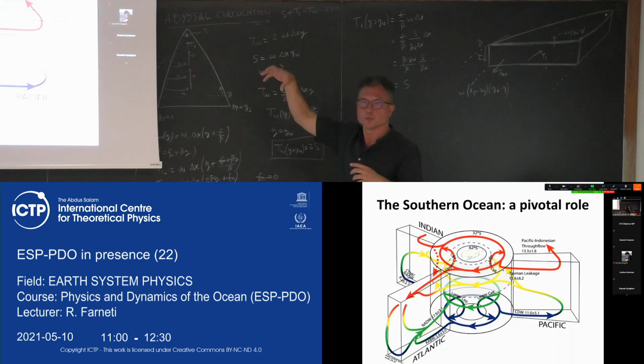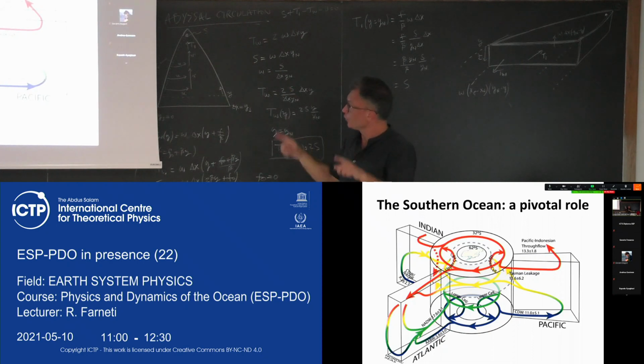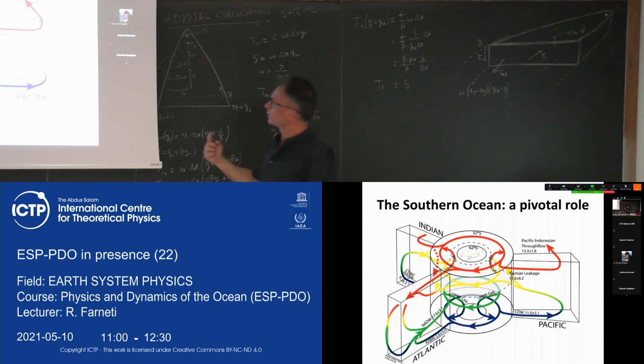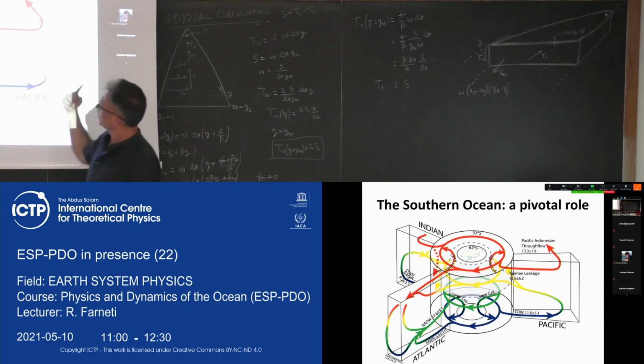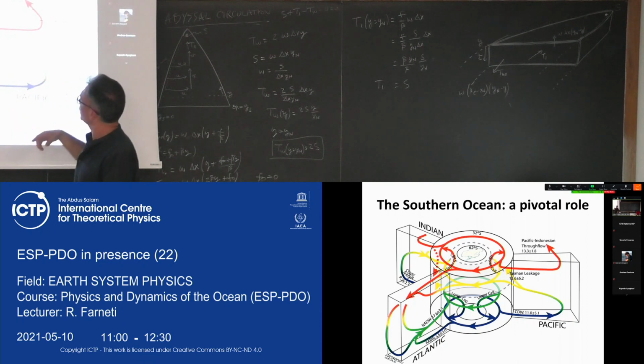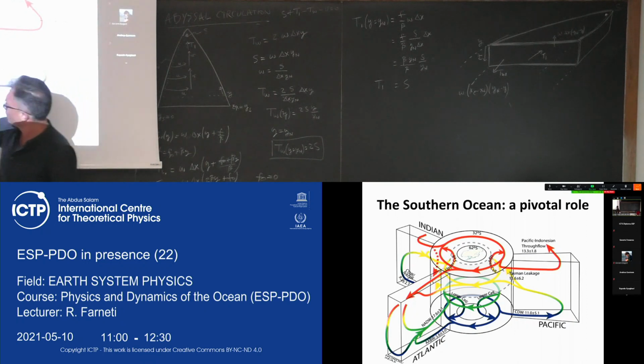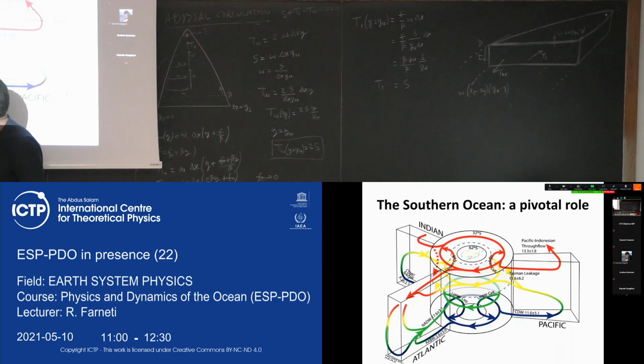So Antarctica or the Southern Ocean has a pivotal role in redistributing whatever information, for example, in the North Atlantic you put, which is then redistributed into the Indian Ocean, Pacific Ocean, and around and going back into the Atlantic Ocean through the Southern Ocean, which is depicted here like a cylinder that is rotating, right? And the water that is sinking in the North Atlantic goes into the Southern Ocean.